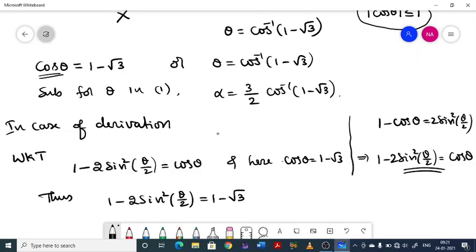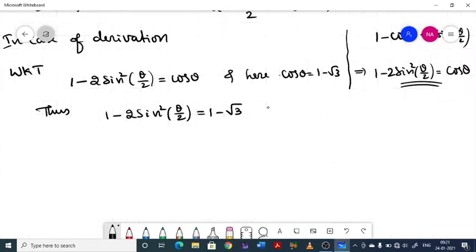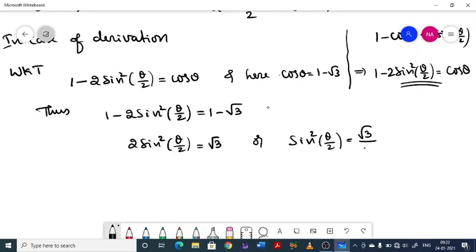So 1 you can cancel, negative sign you can cancel. So 2 sin square theta by 2 equal to root 3, or sin square theta by 2 equal to root 3 by 2. This we can write as square root of 3 by 4, because 2 we can write as square root of 4, right? So sin square theta by 2 equal to square root of 3 by 4.